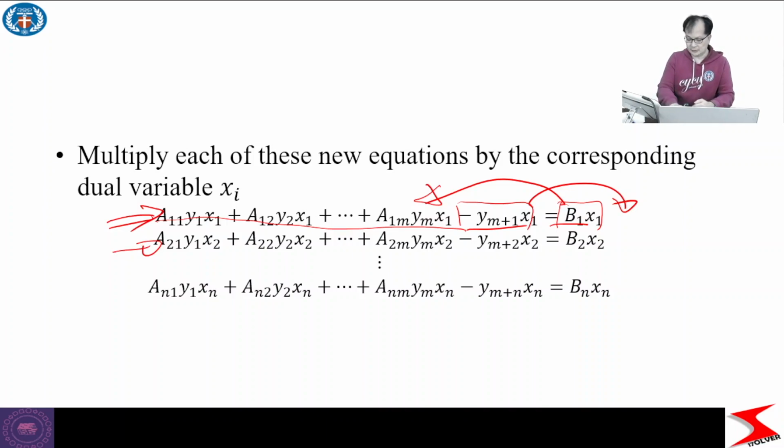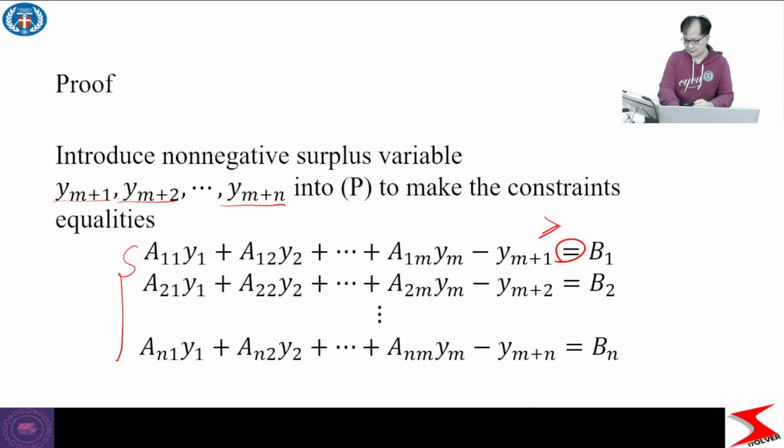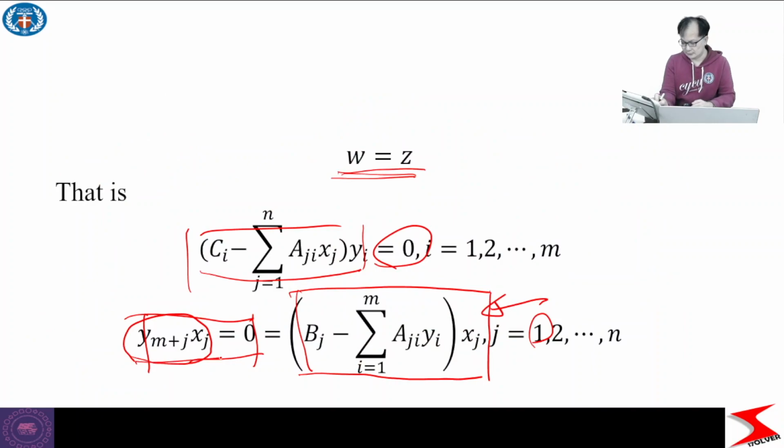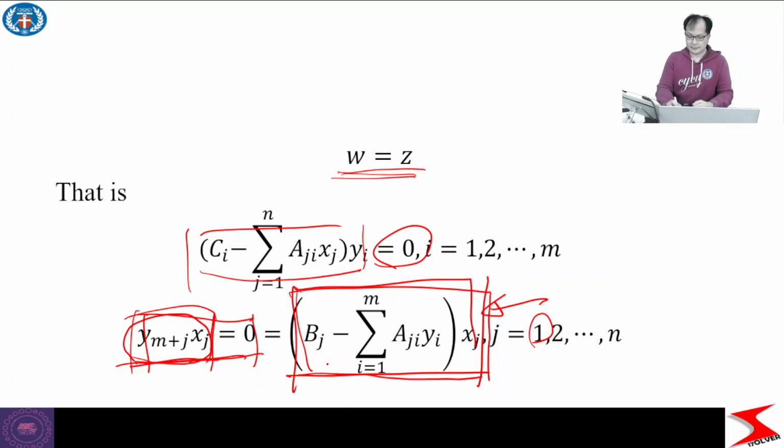So when bj minus the summation of aji yi times xj, and ci minus aji xj yi equal 0, that will cause W to equal z.